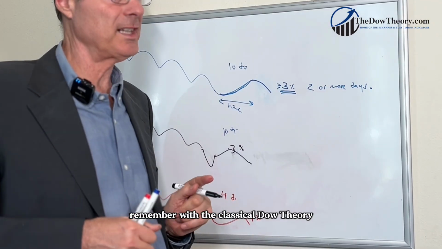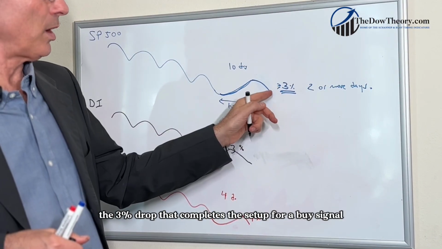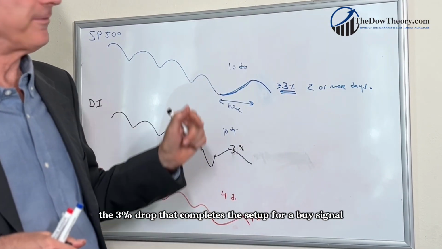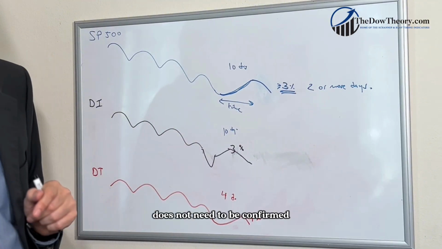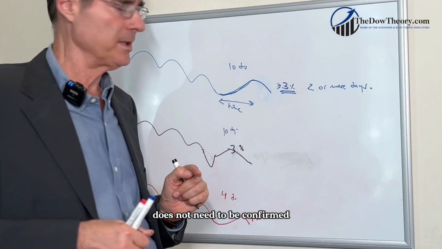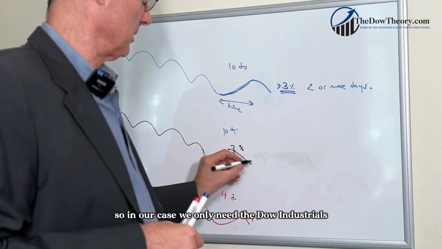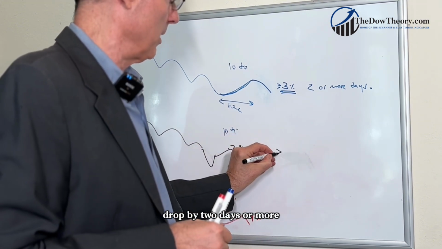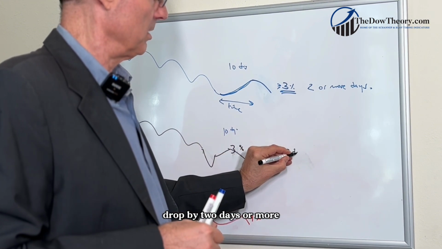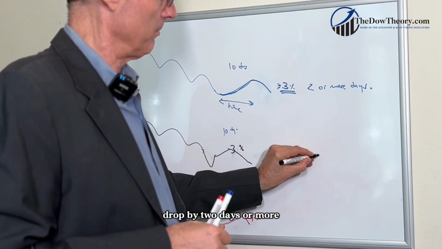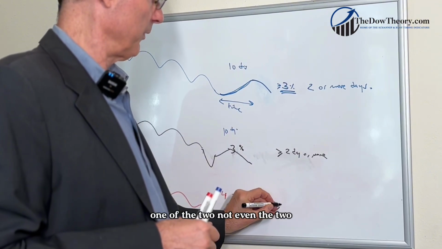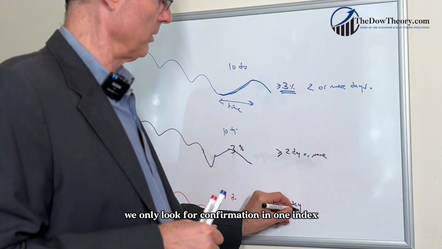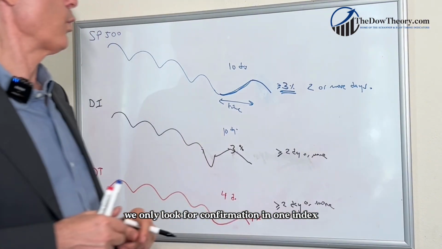Remember, with the classical Dow theory, the 3% drop that completes the setup for a buy signal does not need to be confirmed. So in our case, we only need the Dow Industrials or the Dow Transportation to drop by 2 days or more. One of the 2, not even the 2. We only look for confirmation in one index.